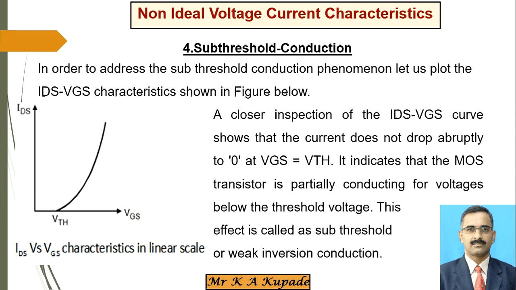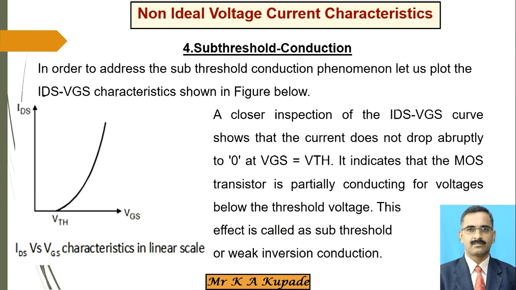If you observe this IDS versus VGS curve, it shows that the current does not drop abruptly to zero at VGS equal to VTH. It is not zero. It indicates that the MOS transistor is partially conducting for voltages below the threshold voltage.